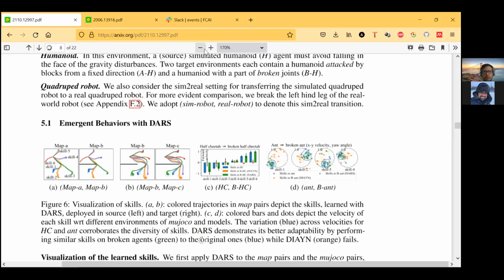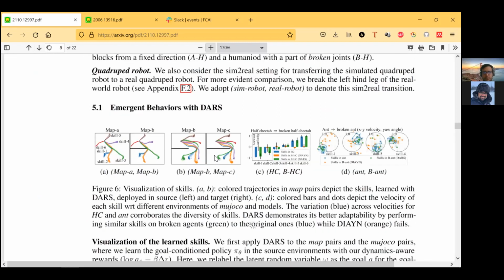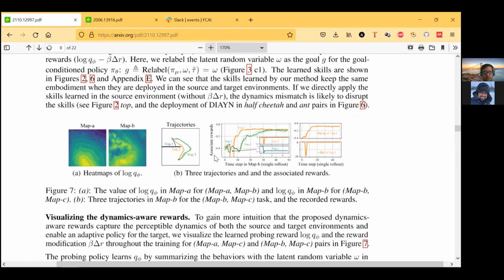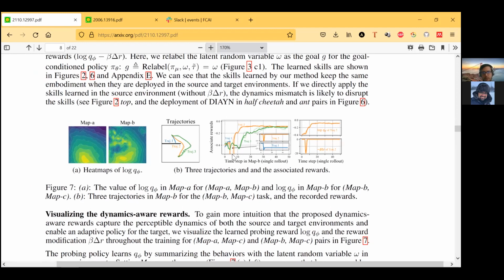And they also have this, so these are the rewards that you learn from the discriminator about the trajectories. It's just to show that it will not give you goals that would be in the obstacle. And here it's plots of the rewards.